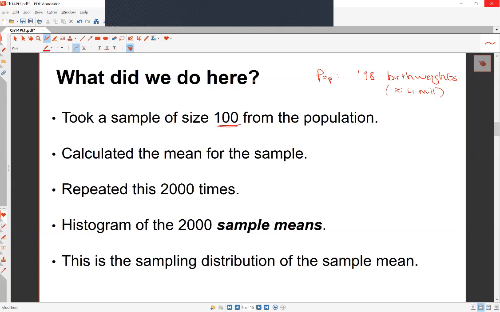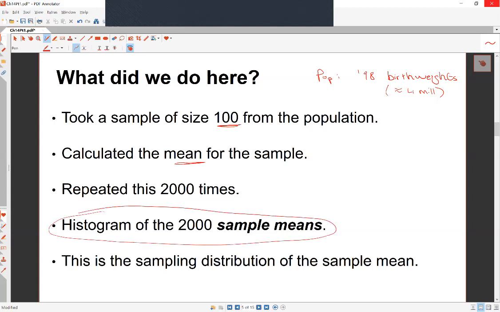And for that sample of 100 babies, I calculated the mean for that sample, or that sample average. And I repeated this 2,000 times. So each time I took a new sample, calculated the sample average, and I did that 2,000 times. And those sample means or sample averages, that's what I then put in a histogram.